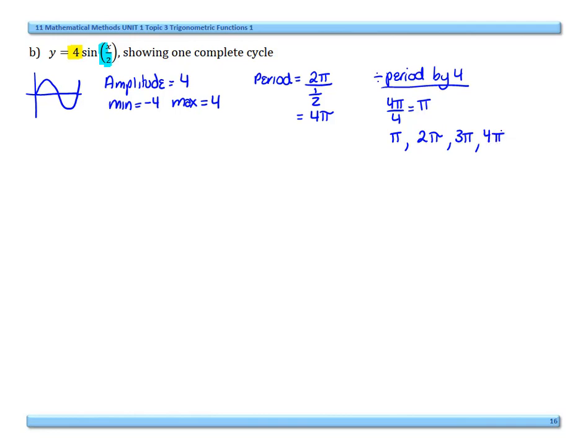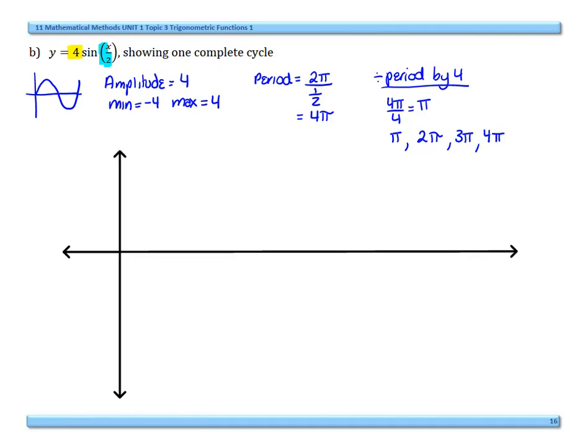I now draw up my axes. I have y and I have x, and I put on 4 points on my axes. Pi, 2 pi, 3 pi, 4 pi.